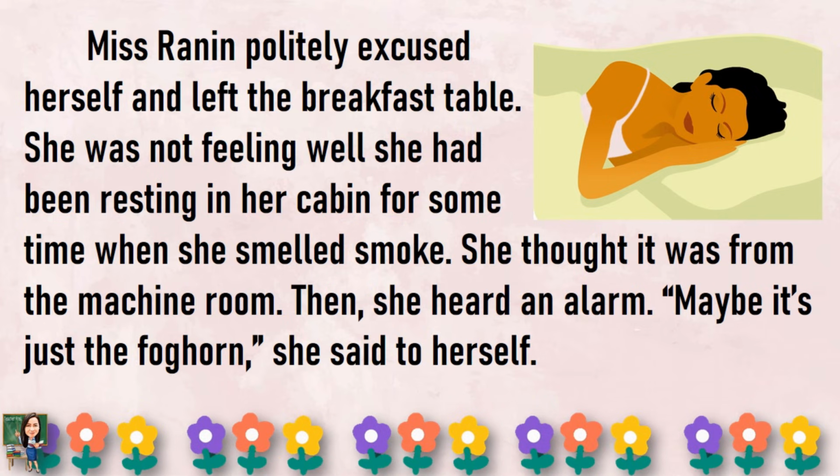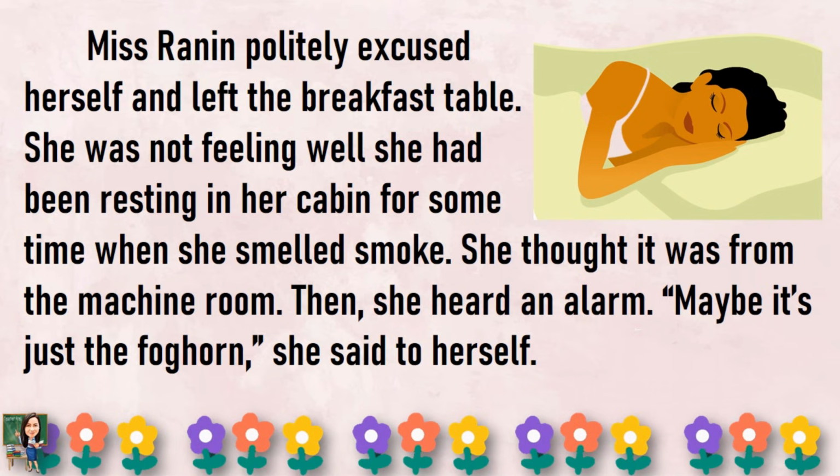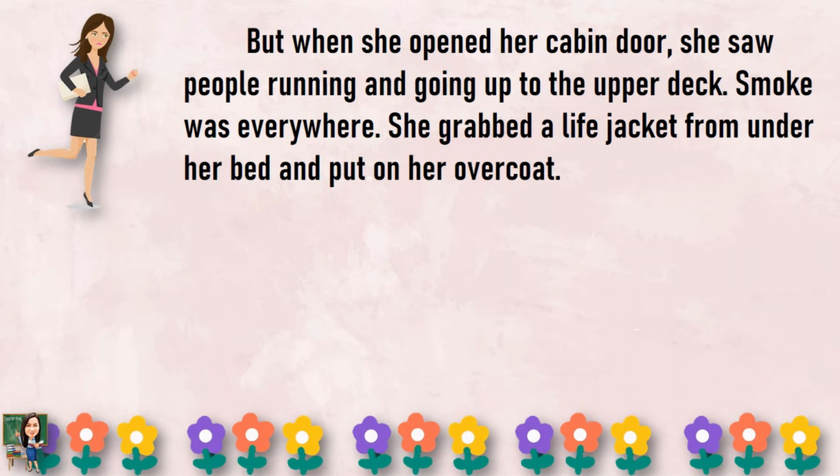Miss Ranin politely excused herself. She was not feeling well. She had been resting in her cabin for some time when she smelled smoke. She thought it was from the machine room. Then, she heard an alarm. "Maybe it's just the foghorn," she said to herself. But when she opened her cabin door, she saw people running and going up to the upper deck.